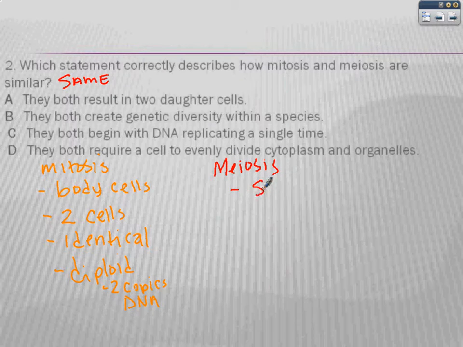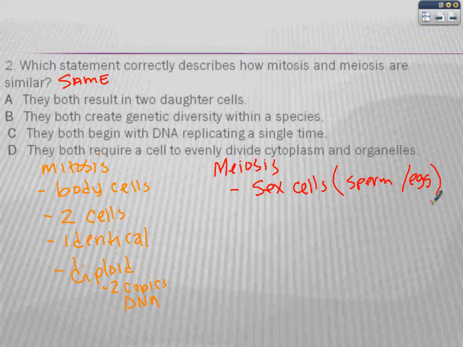Well, that happens in the sex cells, like the sperm and egg. Instead of making 2 cells, it makes 4 cells. They are all different. That's how we end up with different offspring.